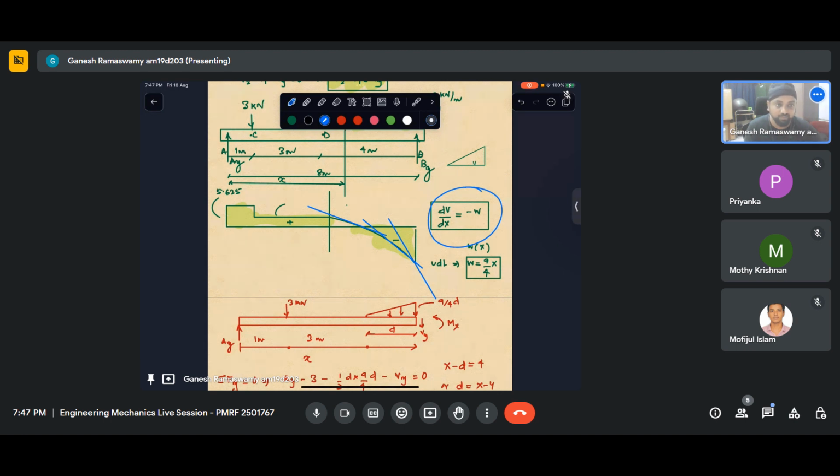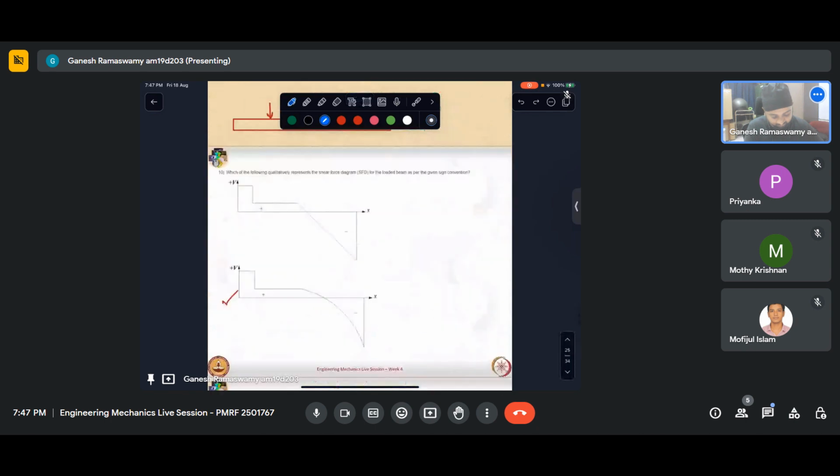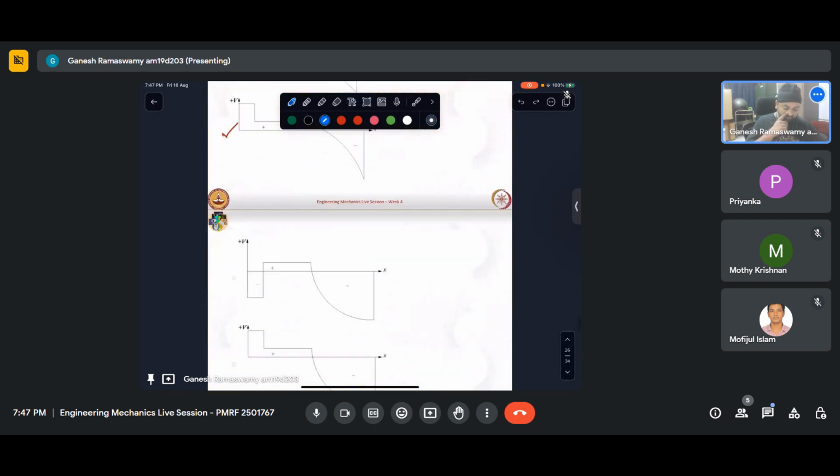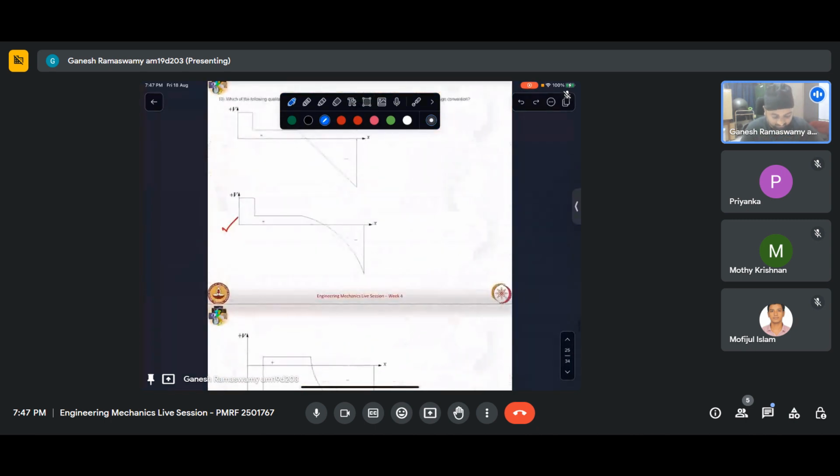I hope this is clear. So as we go about, we are able to see that our slope here was a negative quantity which became more and more negative. Okay, so I hope that this is clear.